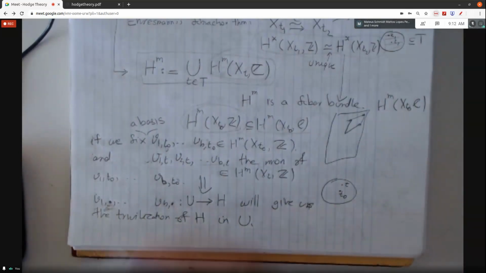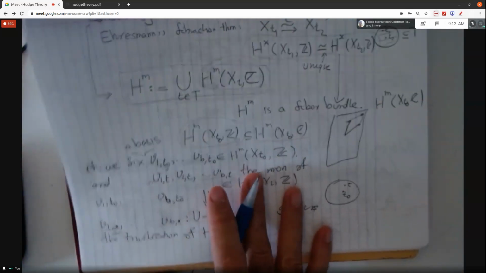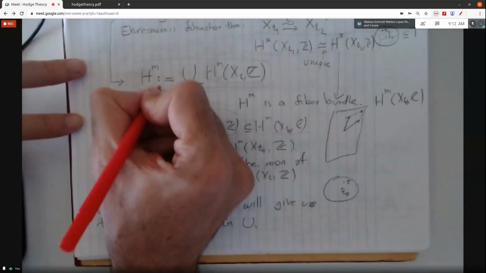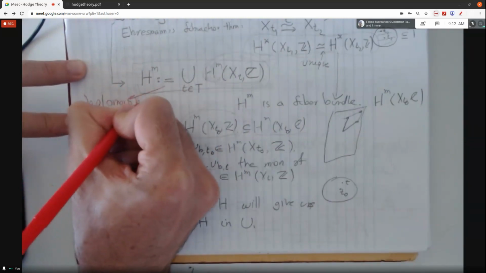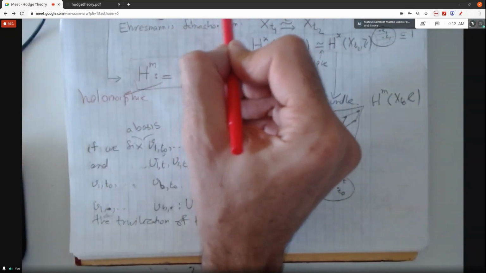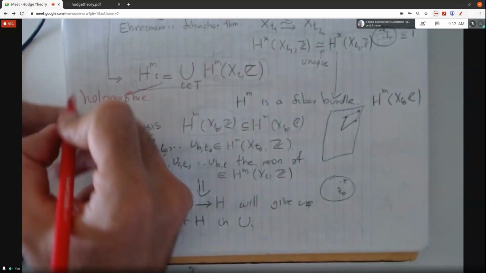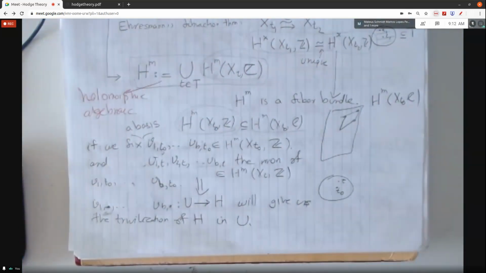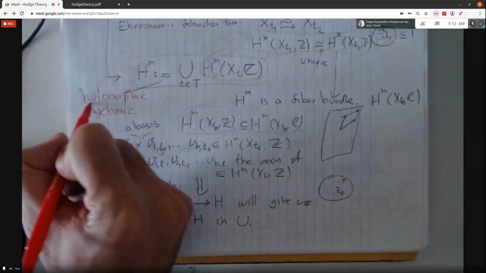By this construction, this is actually a holomorphic vector bundle. And even so, since we started with an algebraic family, this is actually algebraic. For the moment, I will not bother myself with all these details, but slowly we will get used to this.